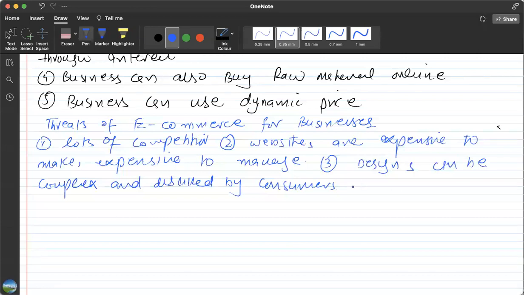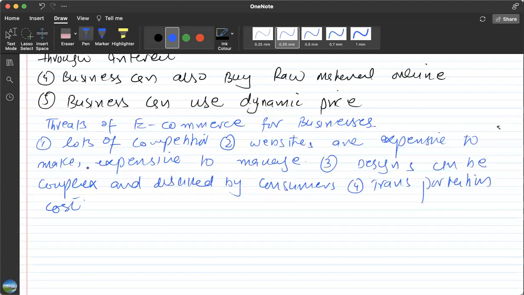Businesses might have to bear a transportation cost to send the product to the consumer, and that can increase the cost of the product too. In some countries, consumers have legal rights to reject the products.